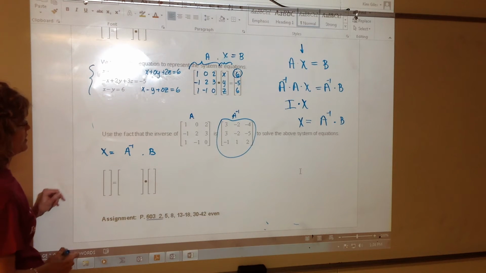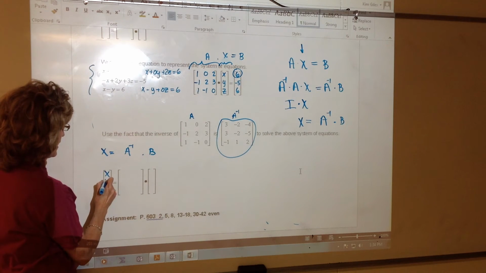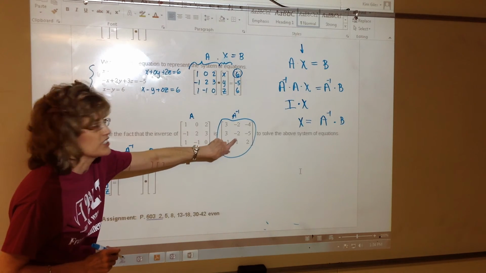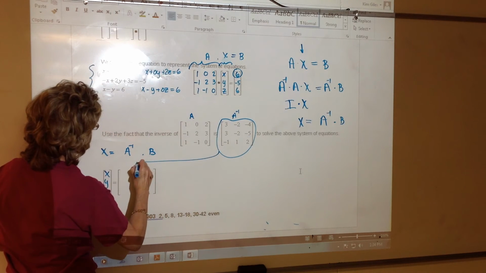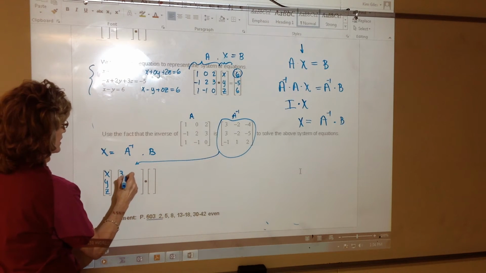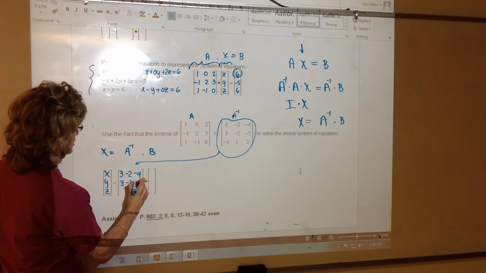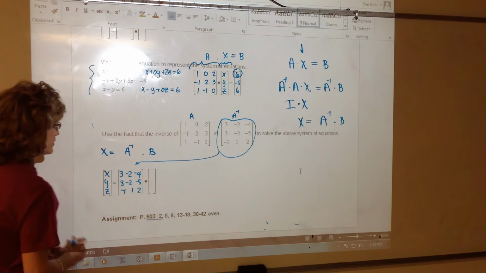So let's fill it in. Our X matrix is our variables, x, y, z. A inverse is already given to us. We didn't have to find that one, so this goes here: 3, -2, -4, 3, -2, -5, -1, 1, 2.